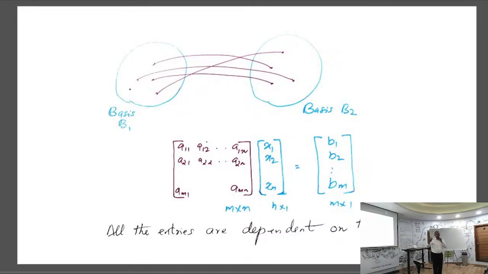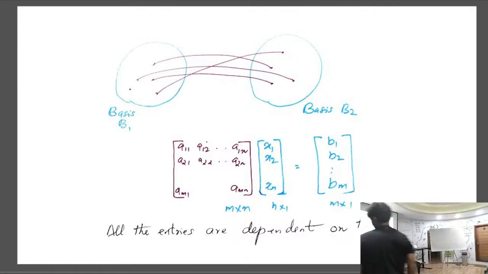If both the vector spaces are the same size, n-dimensional, then we can have the same basis also, no problem. Once you fix a basis here, this input vector is fixed. Suppose you took one vector there, and for a fixed basis we know the vector values. Let's say 2, 1, minus 1, some vector, and here also you have a vector. So this vector is connected to this vector through this mapping. Meaning given any x vector, there is a corresponding b vector, right? That's the mapping.